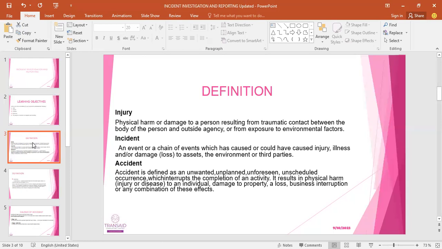Whereas in an accident, there is damage. There is physical harm, there is a loss, there is interruption to workflow process. It is an unwanted, unplanned, unforeseen, unscheduled occurrence which interrupts the completion of an activity.